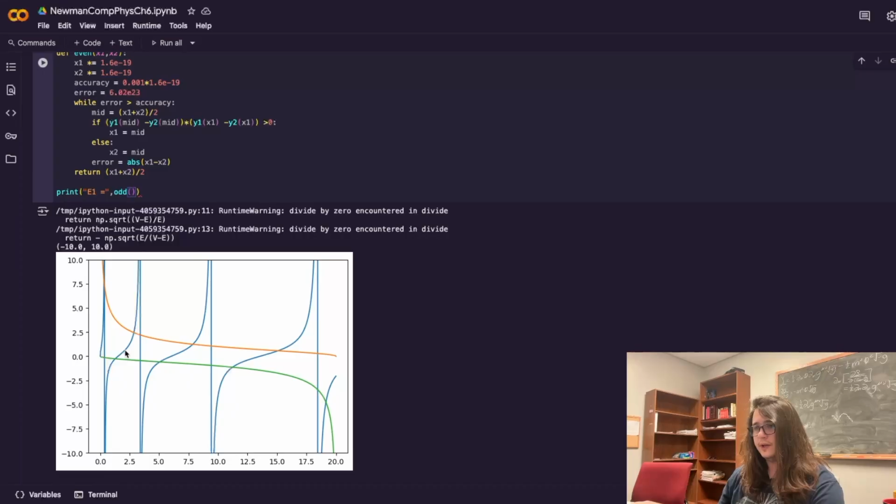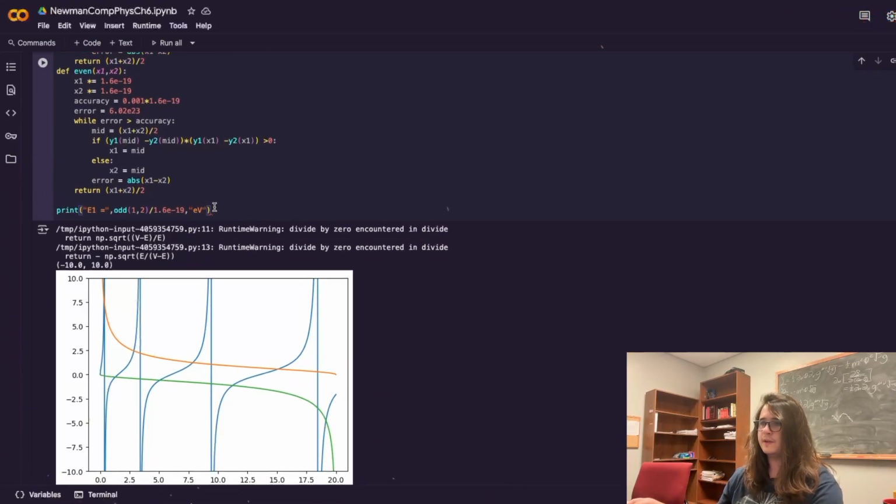We'll do, yeah, 1 and 2. That's fine. And then it's going to print out the, oh, we want to convert it back into electron volts for the end. Newman wants it in electron volts. And then also going to print out EV here for units.